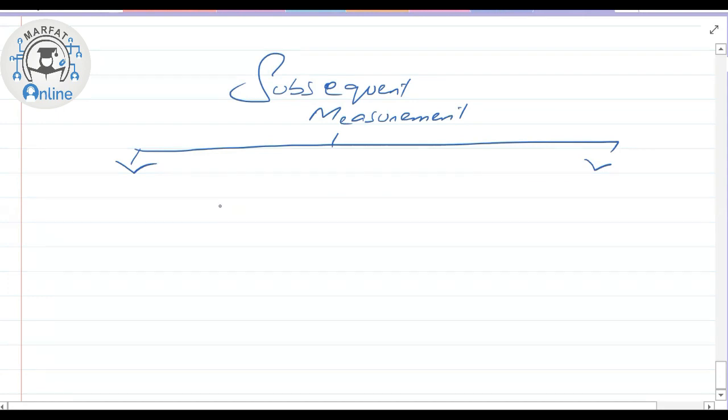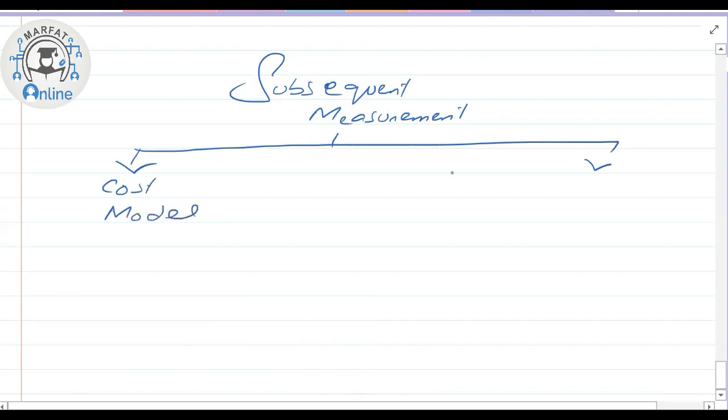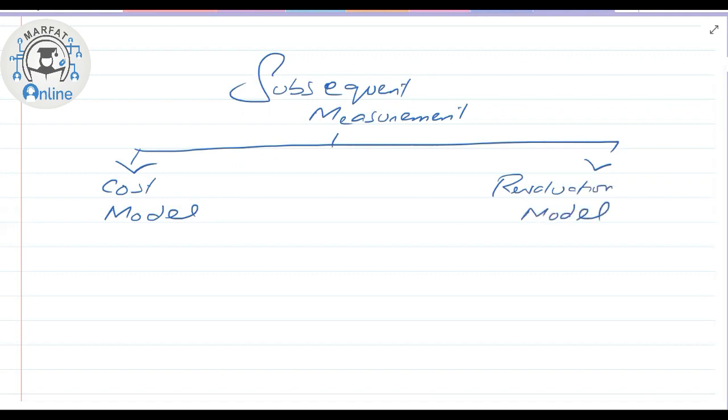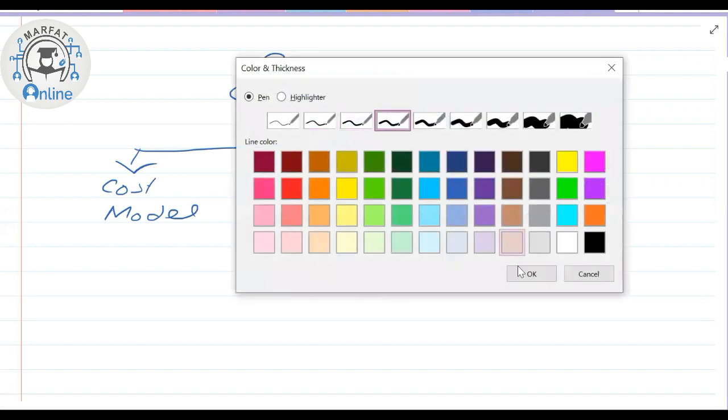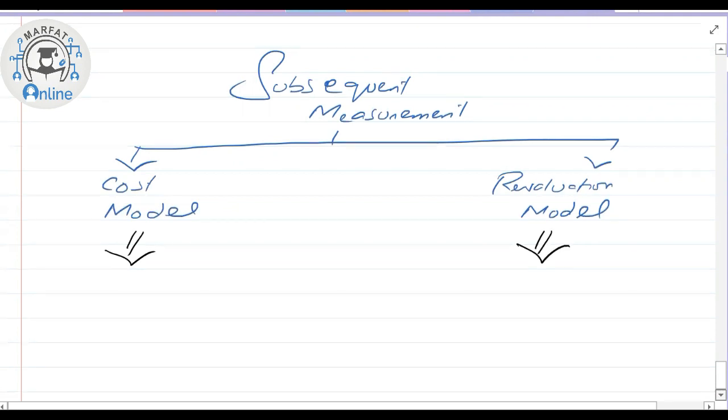At what value, at what model should it be measured subsequently, that means at the year end? So we have two models. One is the cost model and the other is the revaluation model.